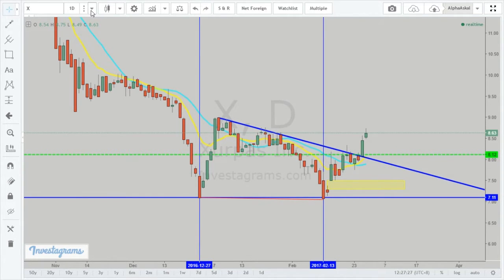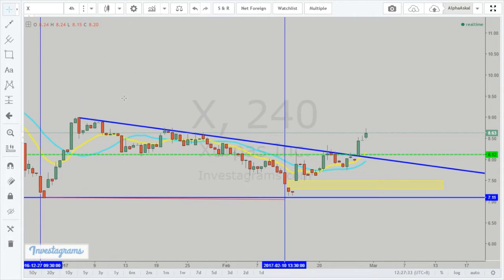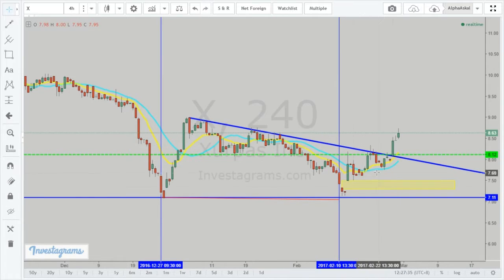Actually, we entered on the 4-hour chart. Let's look at the 4-hour chart, since that was our basis for entry. So we entered right about 8.12, right around February 21st. Yeah, 2 to 3 days confirmation.